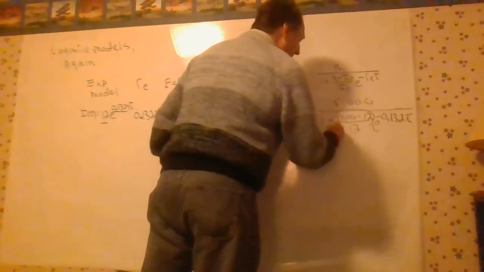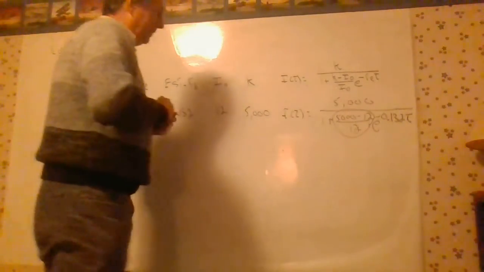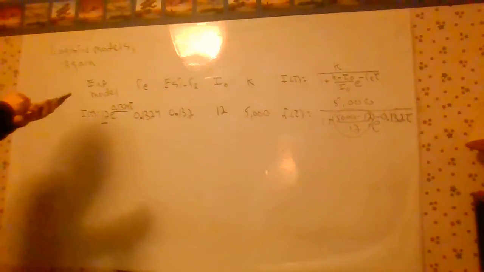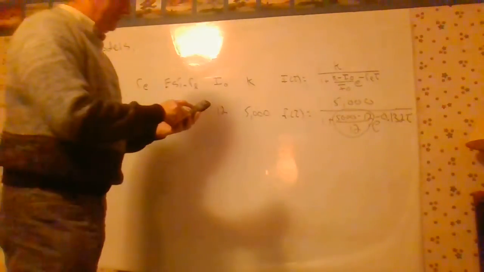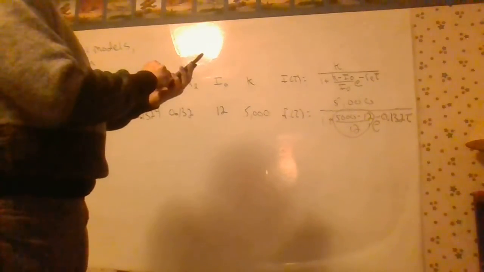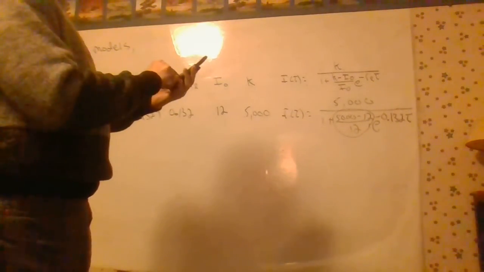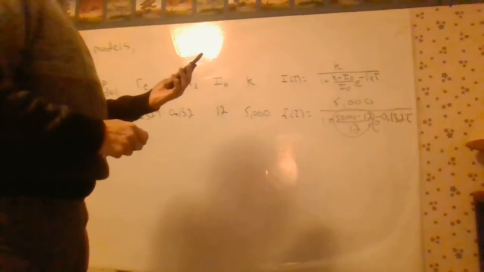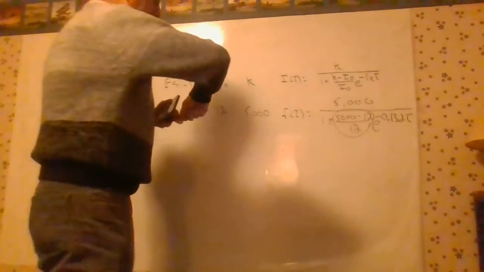Okay, and you can boil this number down. You can do that on a calculator quite easily. Gotta wait for my solar power here. 5,000 minus 12, and I get 415.6 repeating.